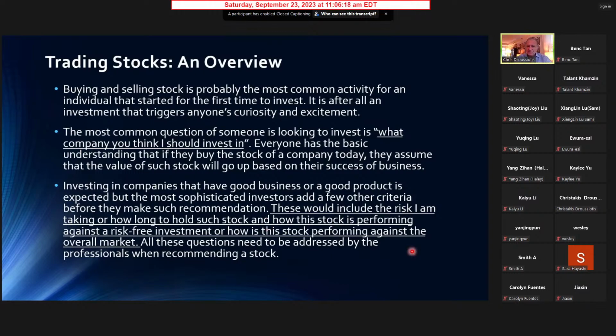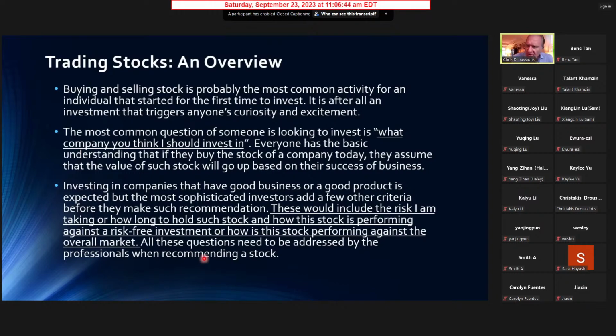This will include the risk, of course, and how long you will need the money, how long you actually hold the stock, and the performance. What is the relationship of this stock to another stock, this asset class to another asset class, the relation between the risk-free rate, like a Treasury, versus the stock?